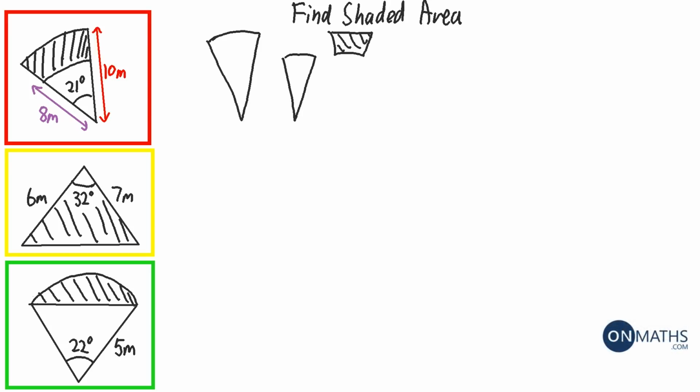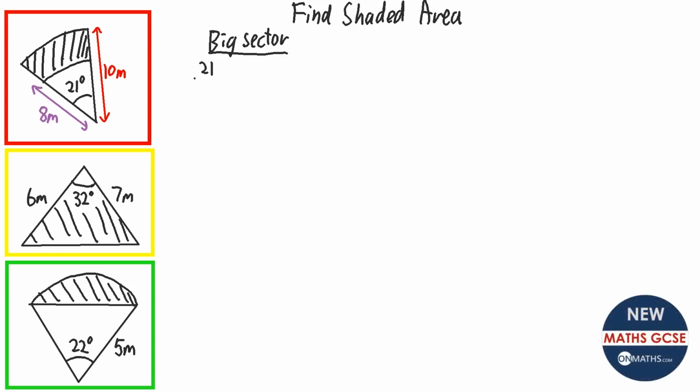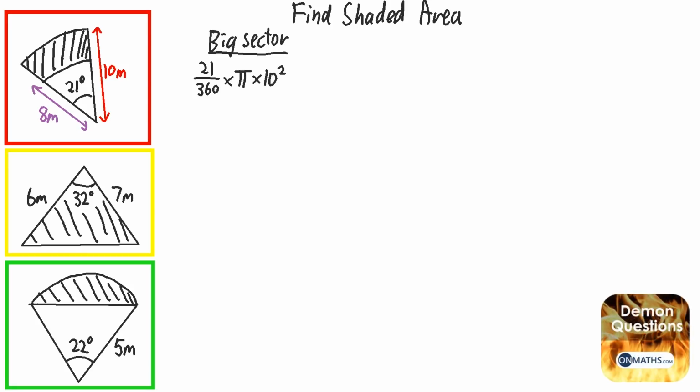actually shaded. Okay, so I'm going to call them the big sector. So big sector. I'm going to find out the area of it first. So the big sector is the area would be 21 over 360 times pi r squared, which for that one is 10 squared.